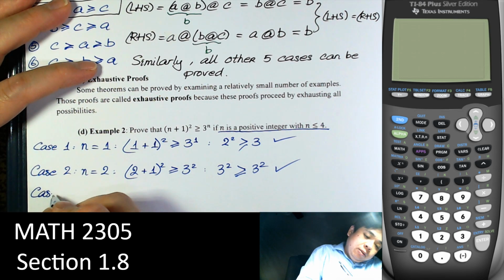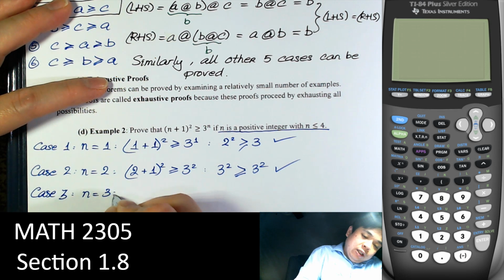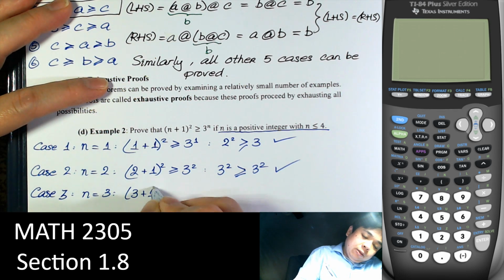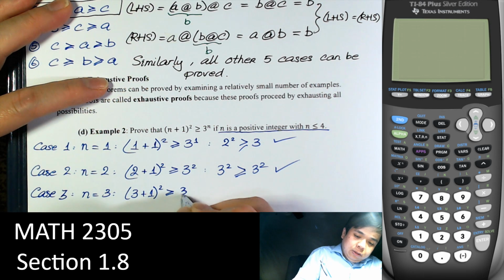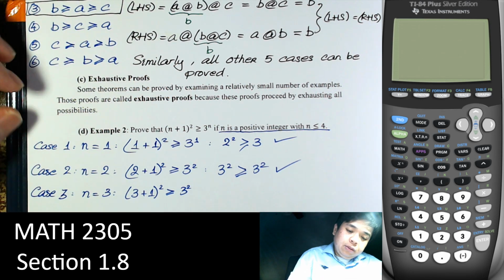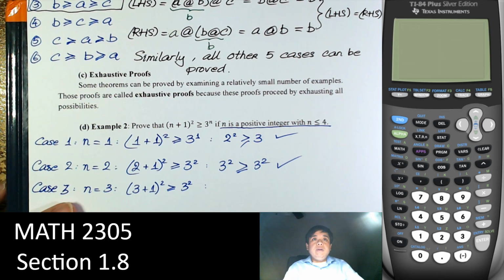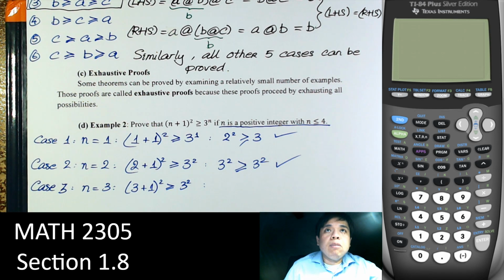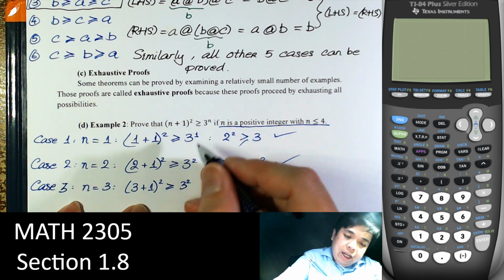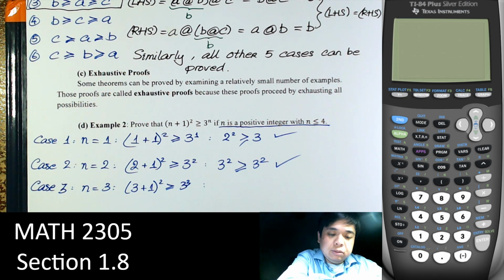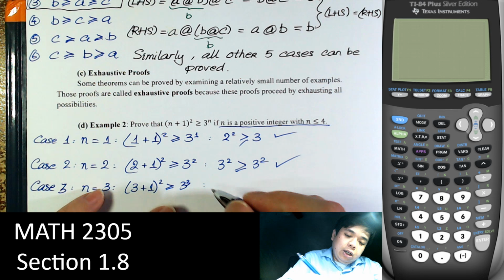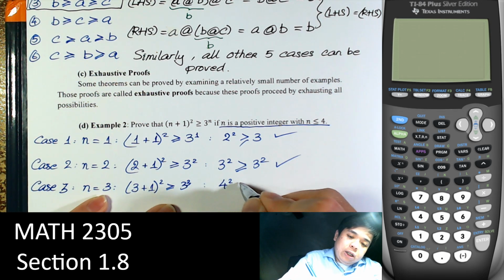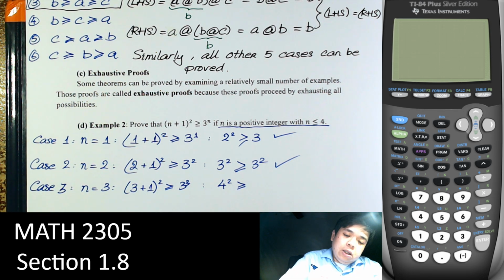Case number 3. n equal to 3. Right, n here, so 3. So 3 plus 4 squared.